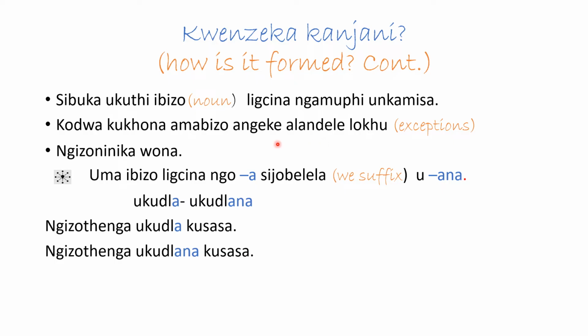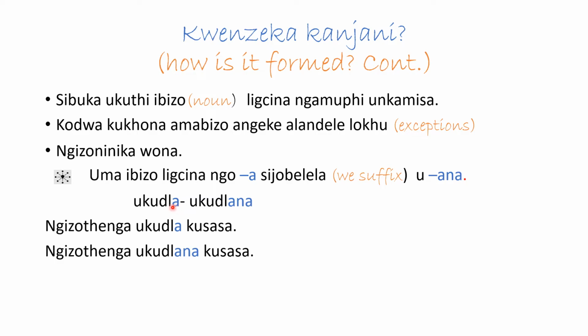Even here we are going to have exceptions, but I'll try by all means to alert you of them. Let's look at when the ibizo ligcina ngo A. If the last vowel of the noun is A, sijobelela, which means to suffix. We suffix ana. Look at my example here: ukudla, and we say ukudlana.